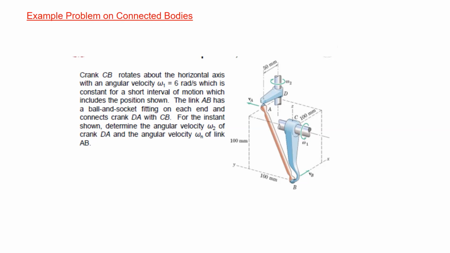Knowing omega 1, we can get the velocity of B. So velocity of B we can get as omega 1 K cross position vector B. Remember, this is what we did for A, for B, and similarly for C, this is unknown at this point.